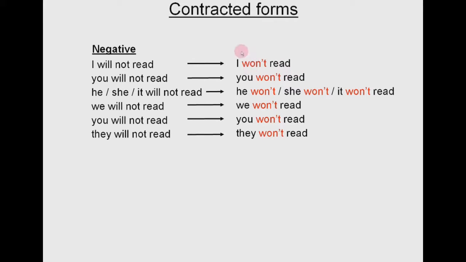So the spelling here is important. So will not is transformed into won't. W-O-N apostrophe T. And that is the same for all of them. Okay? And for shall, well, in the negative, shall not becomes shan't.